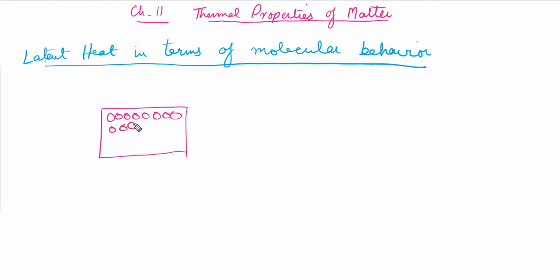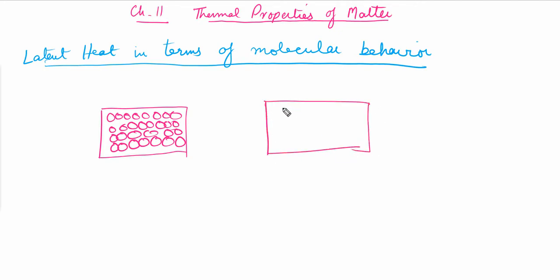And now let's suppose we have a liquid over here, where the molecules are at moderate distances from each other. So when the solid converts into liquid, then the latent heat is required to break the intermolecular forces between the molecules of the solid. And when the intermolecular forces are broken down, then the molecules move away from each other.